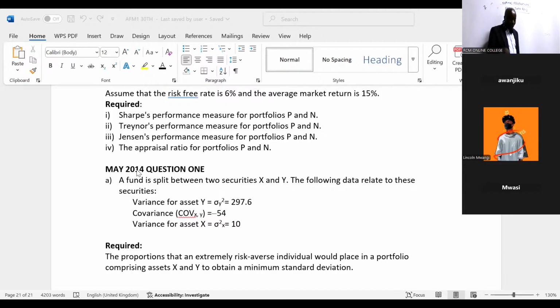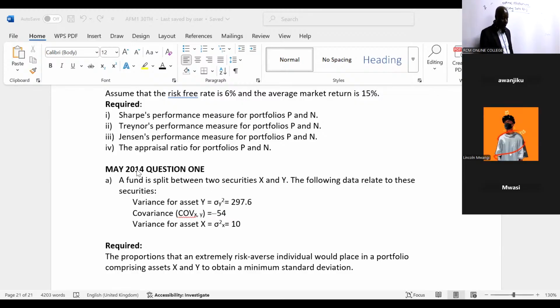Then I'll be able to define what these optimal proportions are.